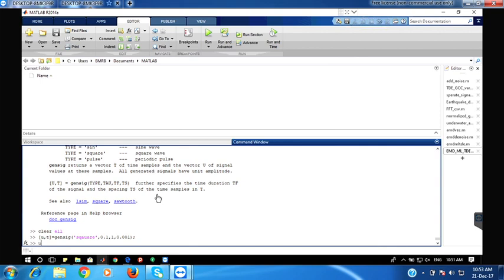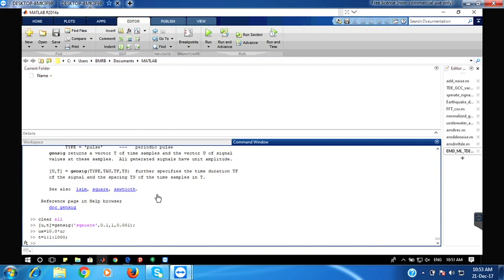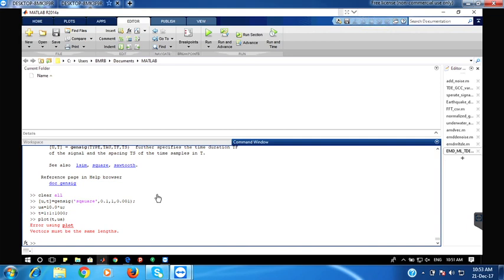Now I am amplifying that amplitude by a unit of 10. And I will plot. Of course, I have to generate t. t is equal to 1. So plot t and u. I have still made some mistake here.